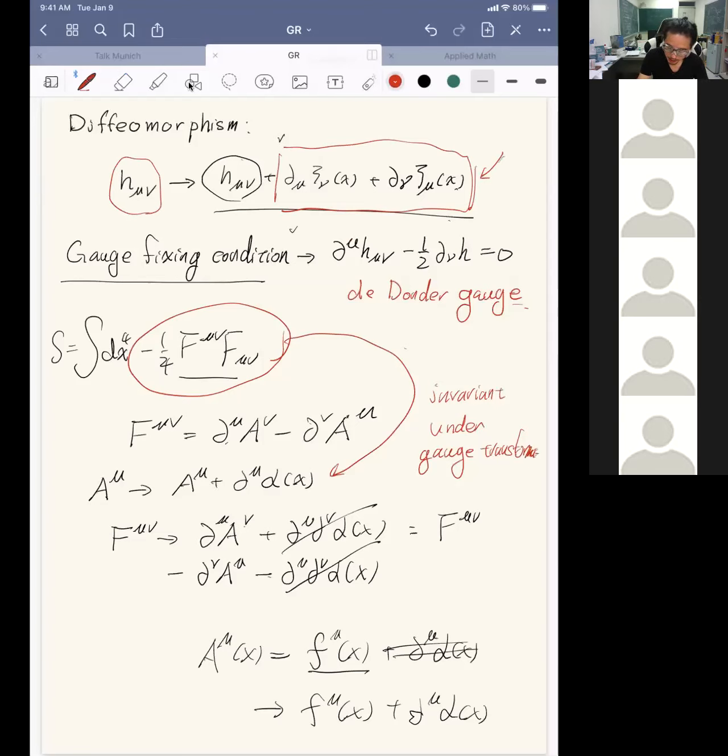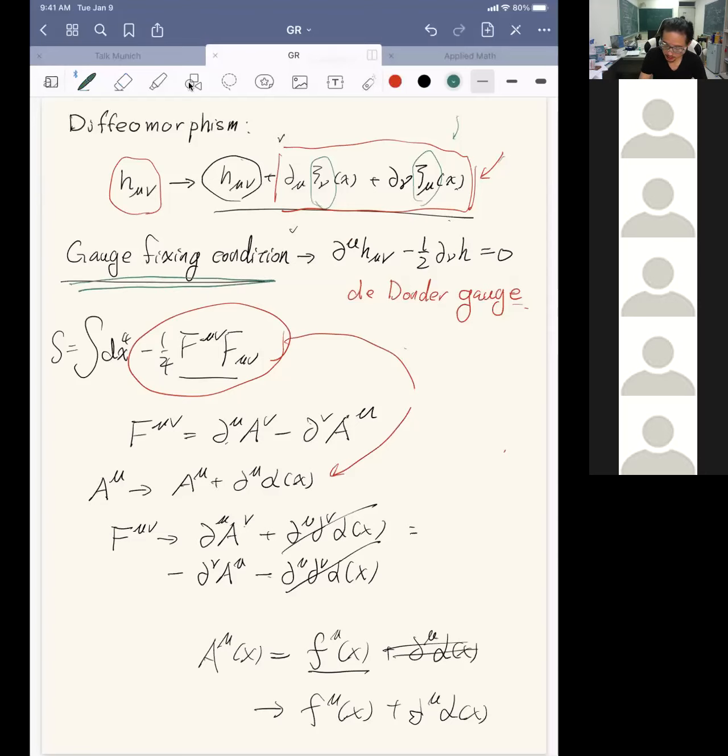Since you're describing exactly the same physics, the degrees of freedom encoded in these gauge transformations are fake degrees of freedom. They're not really real. Since they're fake, sometimes we would like to remove them, and that's what the gauge fixing condition means.